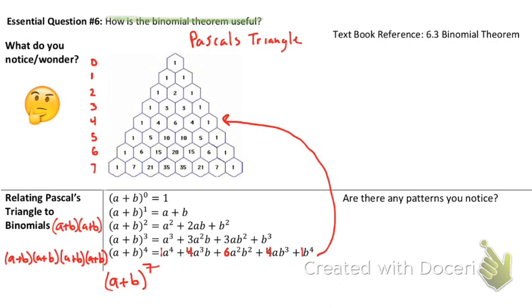We would then look at the 7th row, and we would know that the coefficients would be 1, 7, 21, 35, 35, 21, 7, and 1.